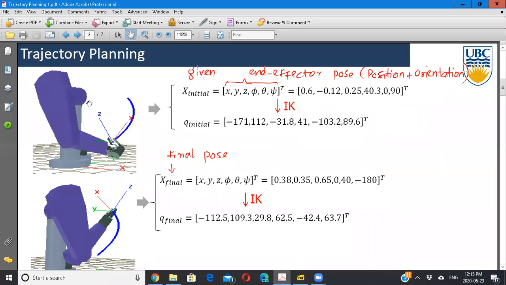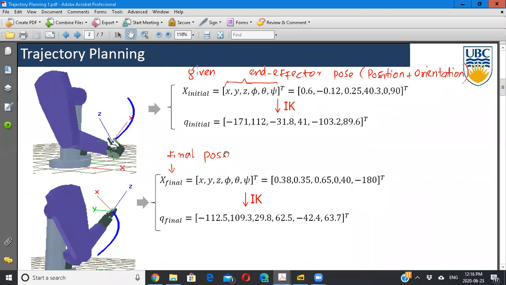So the end effector, this point, has 0.6 meter along the x-axis, its displacement, minus 0.12 along the y-axis. The y-axis is going into the page, so it's a little to the left here, so it's negative.